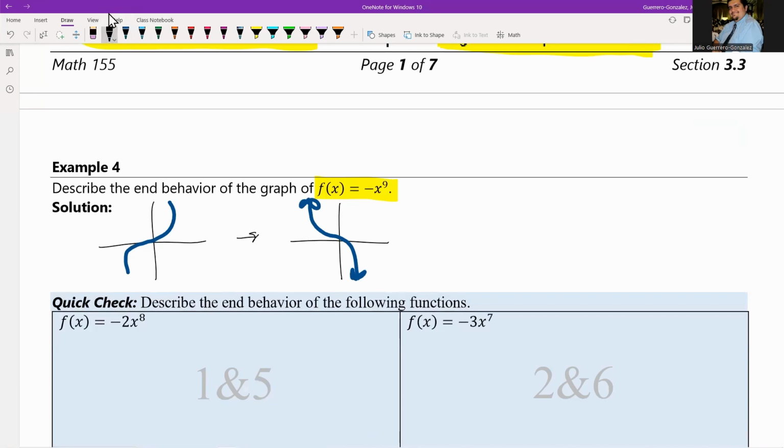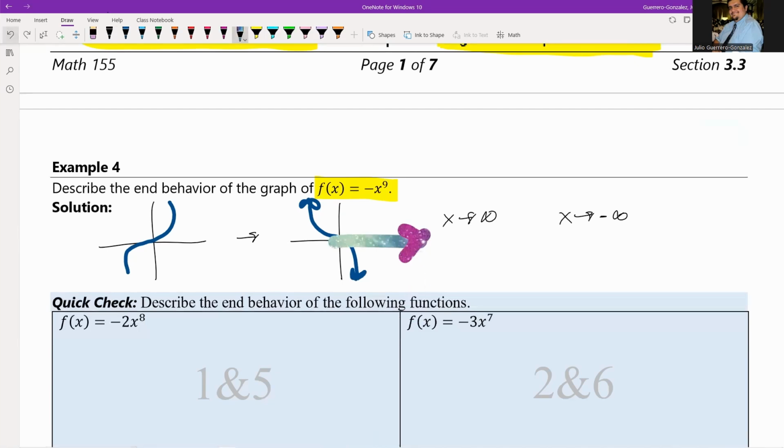Okay, now that we have a picture in our mind or on a piece of paper to refer to, let's say we wanted to describe the end behavior. So we have to do x goes to infinity and x goes to negative infinity. For the first one, as x goes to positive infinity, as we go this way on our graph, our y values start to drop.